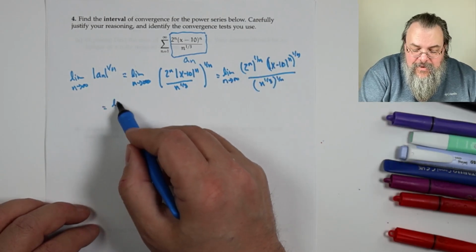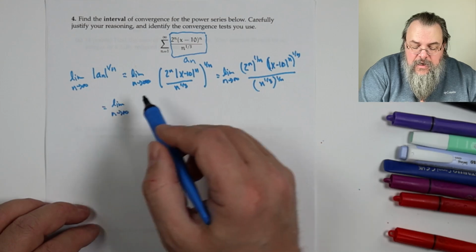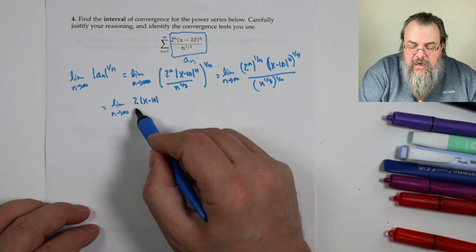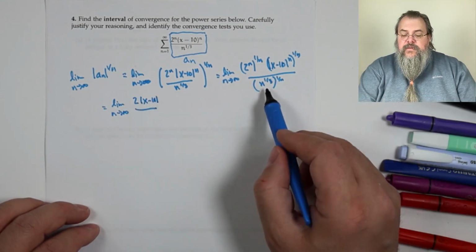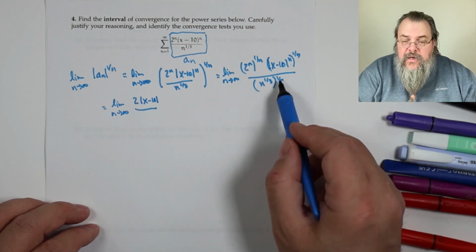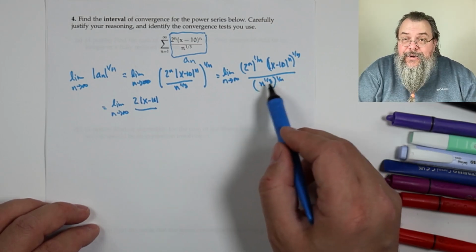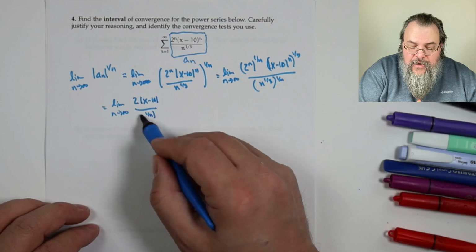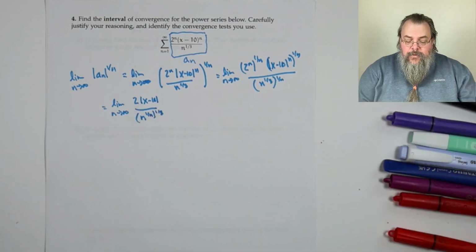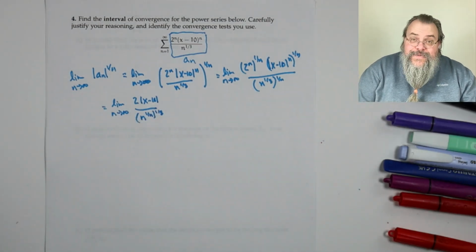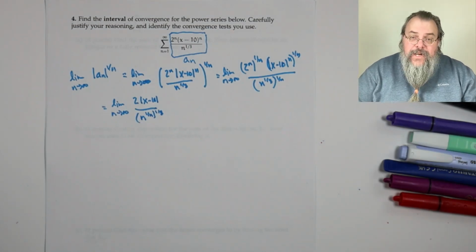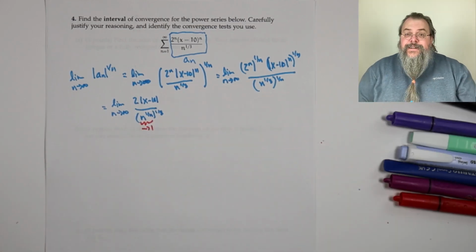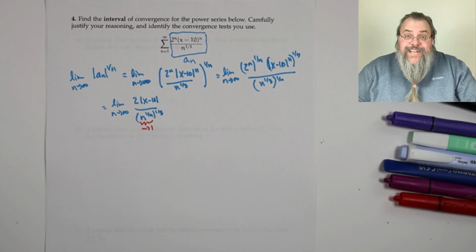So this becomes the limit as n goes to infinity of 2 absolute value of x minus 10. Now, here's another beautiful thing. If you see something to a power, you can swap the order of the powers. So think of this as n to the 1 over n, to the 1/3. Now, why do that? Well, there's a nice fact. n to the 1 over n does what? It goes to 1. And that's the only place n shows up.